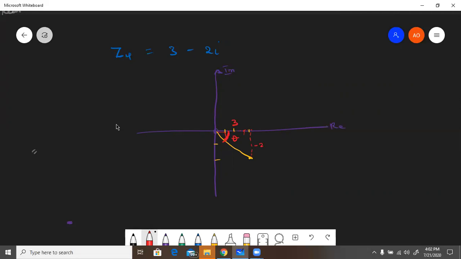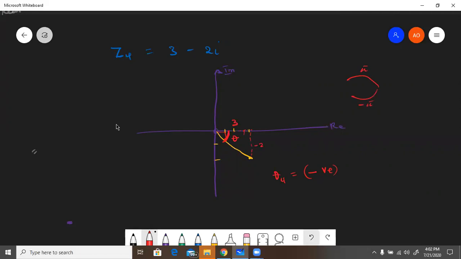So our theta 4 is going to be in the negative direction, so it's going to give us a negative value because we are moving in the negative direction. If we move up like this, this is pi; if we move like this, it's negative pi.